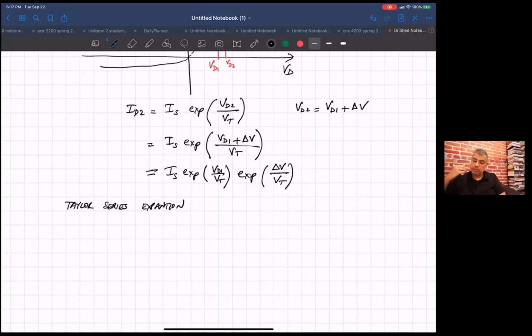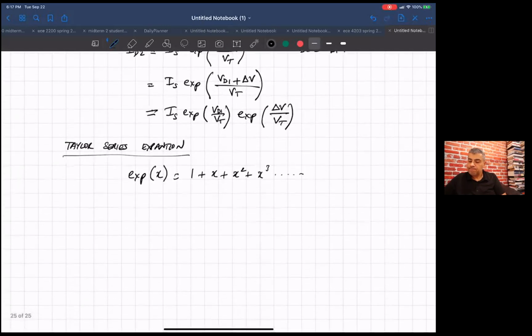We're not going to go much into it, but the Taylor series expansion of exponential of x is 1 plus x plus x squared plus x cubed, sort of an infinite series. Hopefully you'll find that in Wikipedia if you go there.